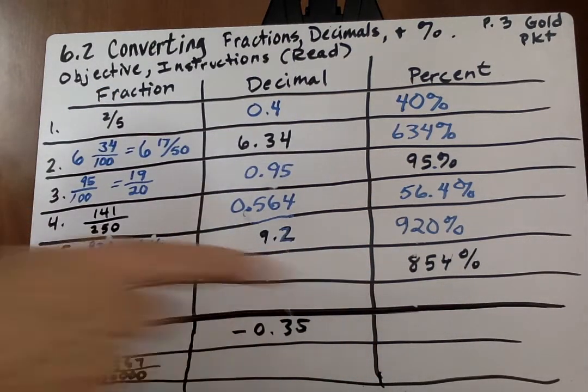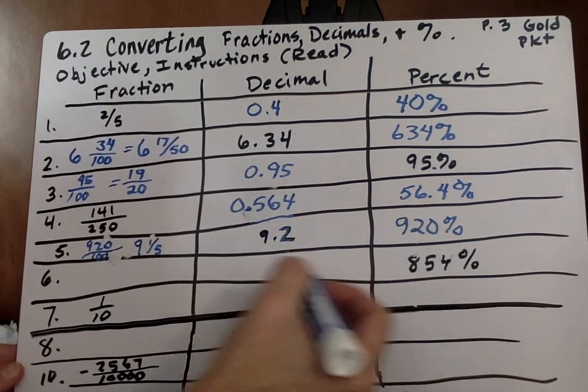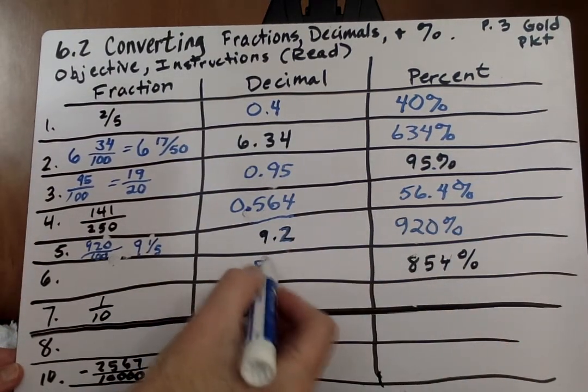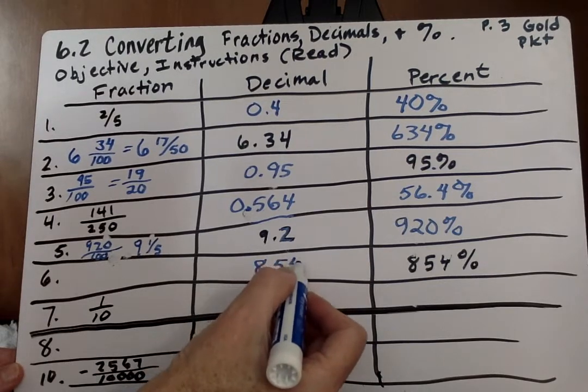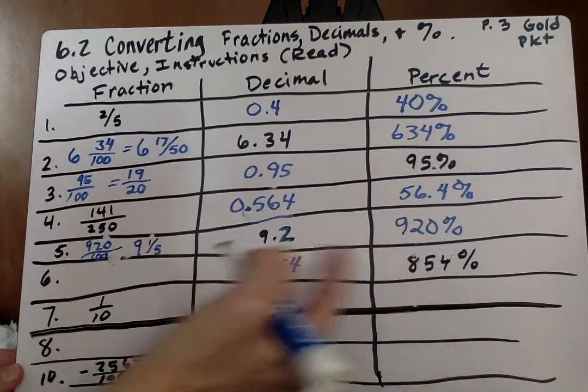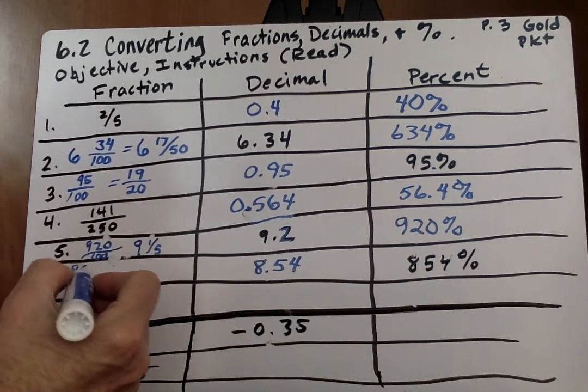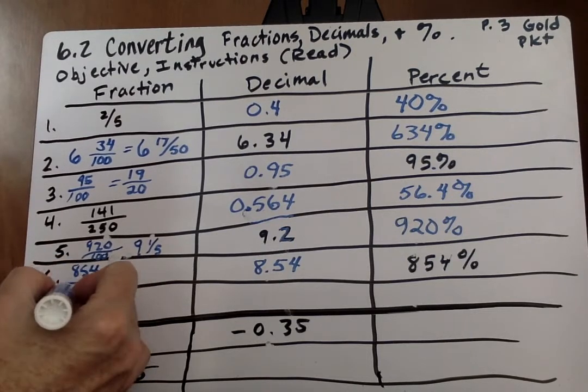Okay, next one, 854%. The decimal here, we move it 2 places to the left: 8.54. Now to get the fraction, we put the percent over 100. So 854 over 100.